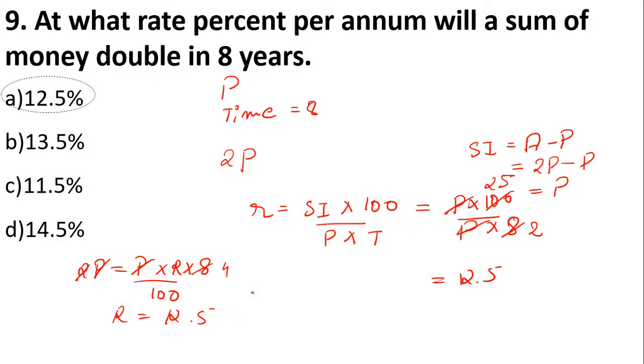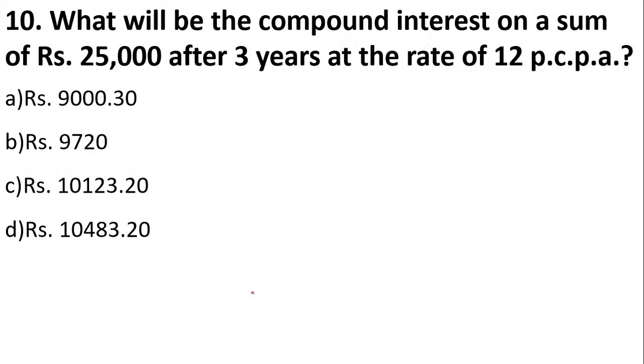Shall we move on to the next question? What will be the compound interest on a sum of money of rupees 25,000 after 3 years at a rate of 12% per annum? Okay, next question on compound interest.